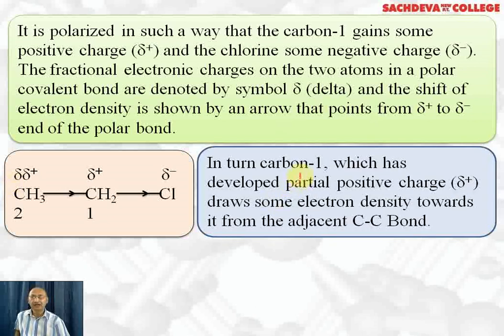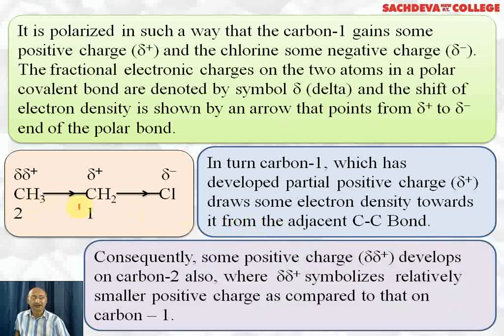In turn, carbon 1, which has developed a partial positive charge, draws some electron density towards it from the adjacent carbon-carbon bond, that is, this carbon-carbon bond. Consequently, some positive charge, that is double delta positive, develops on carbon 2 also, where double delta positive represents a relatively smaller positive charge as compared to carbon 1.